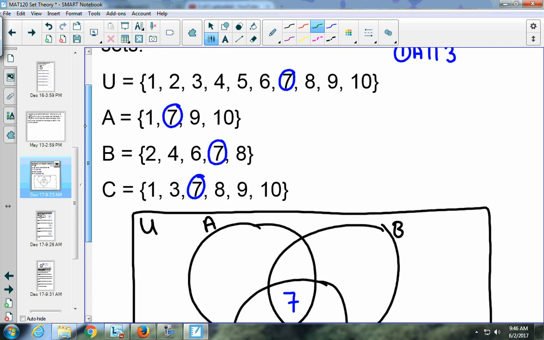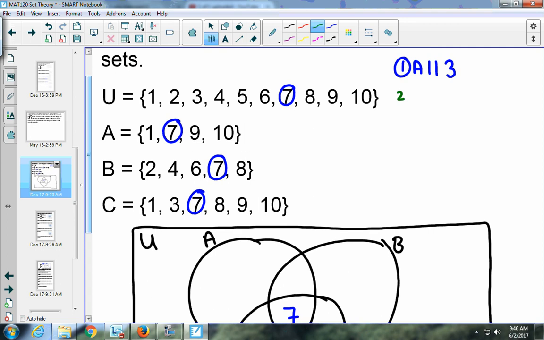The first one I'm going to look at is the overlap between A and B. Looking at the sets, 1 is in A, 2 is in B, 4 is only in B, 6 is only in B, 7 we've already listed, 8 is only in B, 9 is only in A, and 10 is only in A.